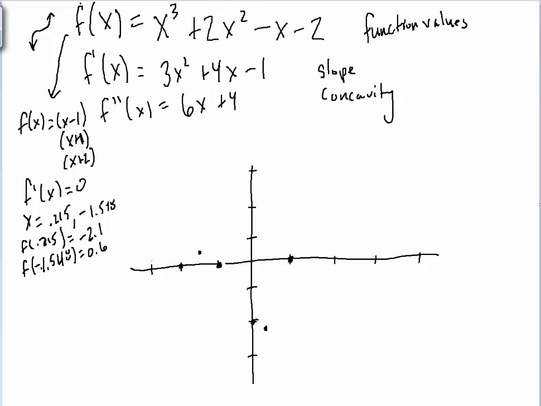Alright, so now we've got some points on the graph. We can also find where the first derivative is less than 0 and where it's greater than 0. This would tell us intervals on which the graph is increasing.